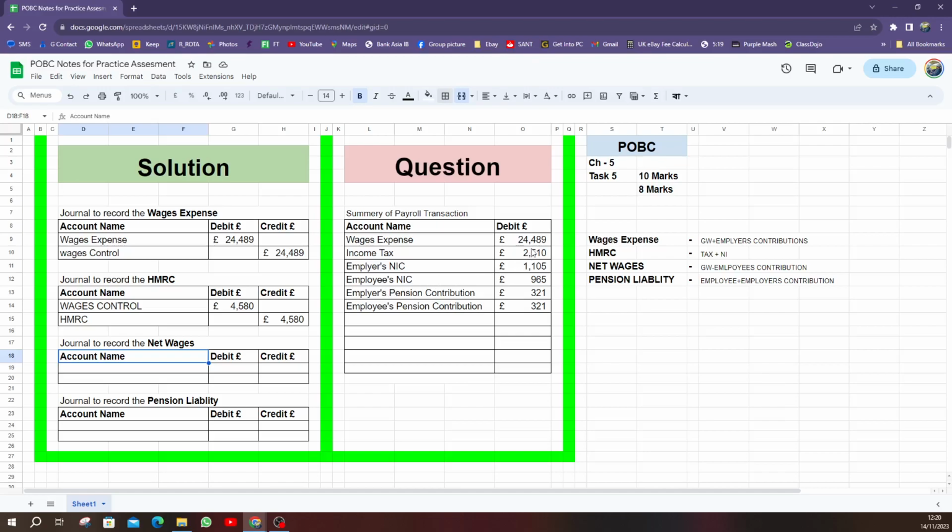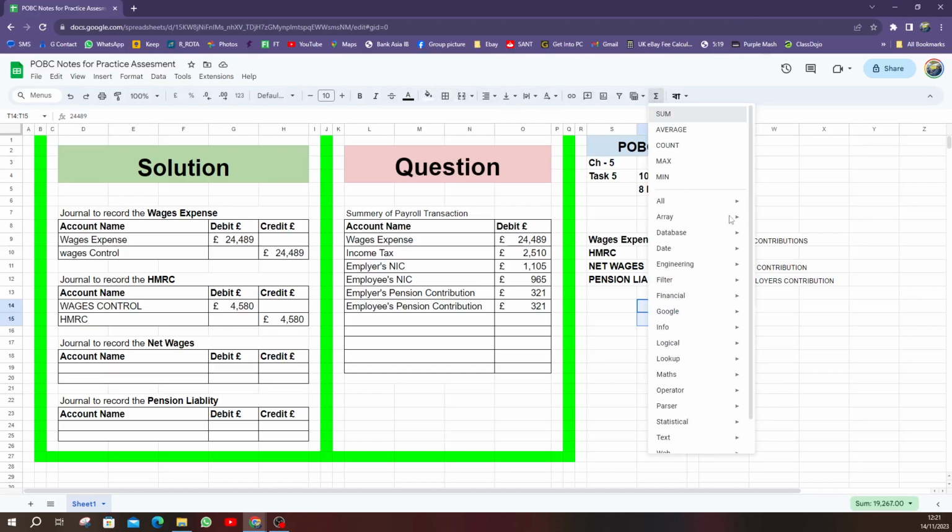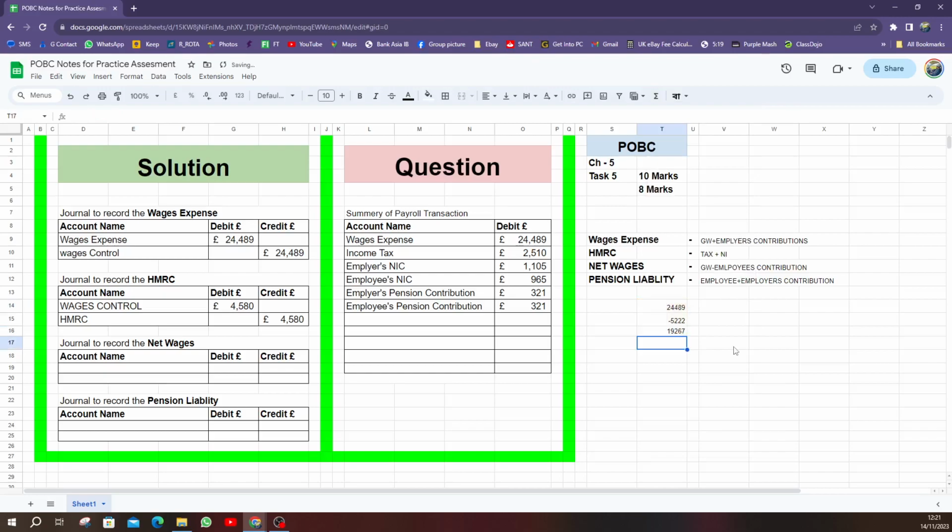So from here, 5,222 from 24,489, and we need to deduct this one, which is 19,267.